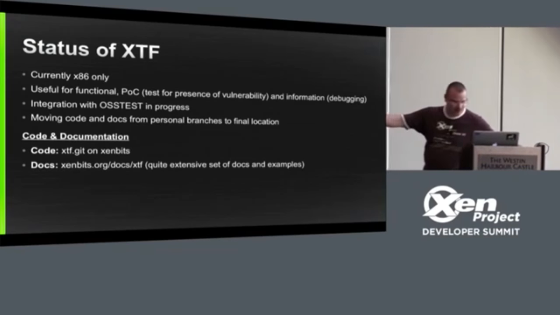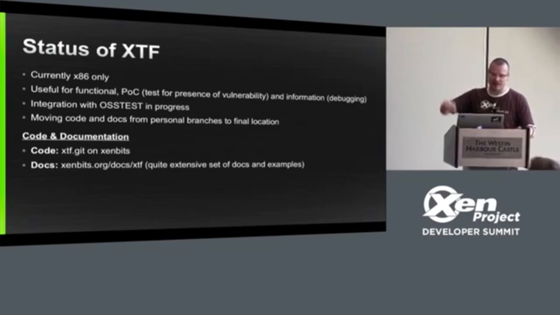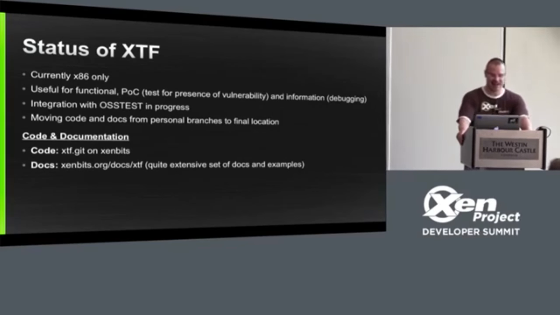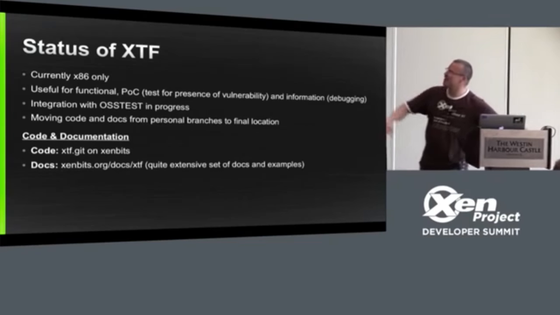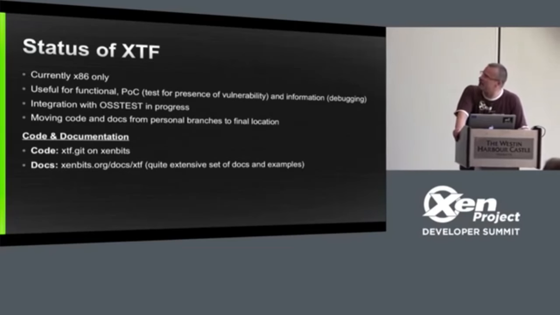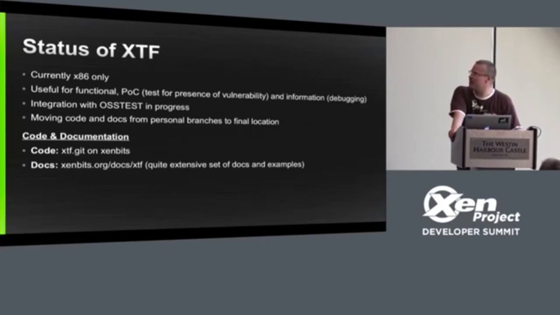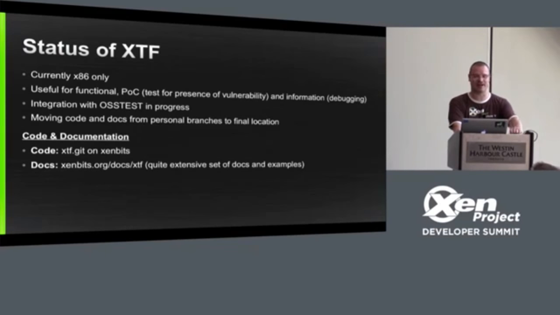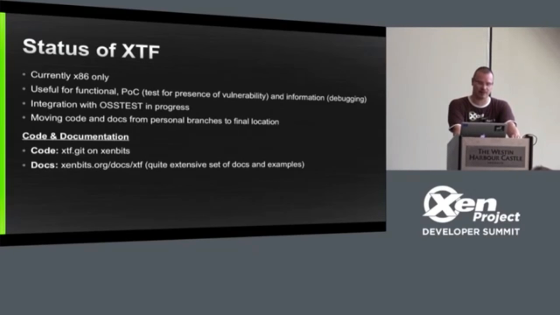And then on xenbits, there's an xtf.git directory, so have a look at that. It is really rather cool. Even I can do that, right? And it's also very well documented, so you can look at the documents on xenbits.org docs xtf. And there's quite an extensive set of examples in there as well.